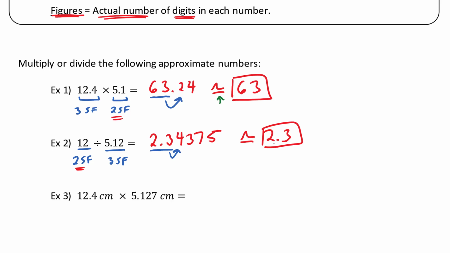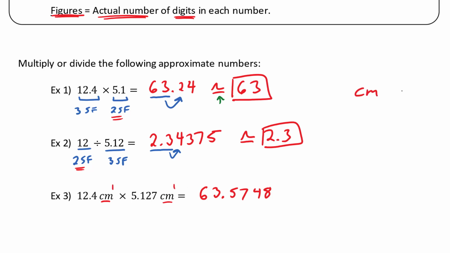Next up, we have units in here. Let's do the multiplication together. Multiply those together. 12.4 times 5.127. Write down all the digits from your calculator. 63.5748. Our units now, we have centimeters times centimeters. There's actually an exponent on this. It is an exponent of 1. Let's think back to our exponent laws.